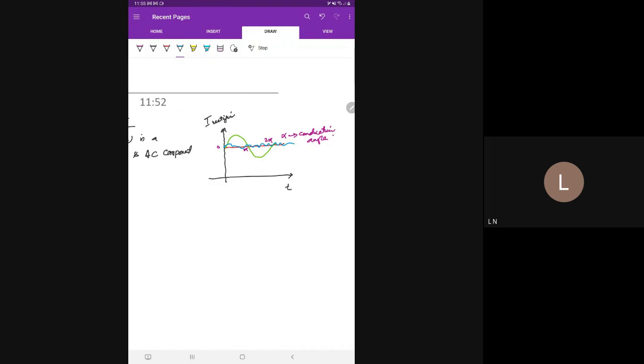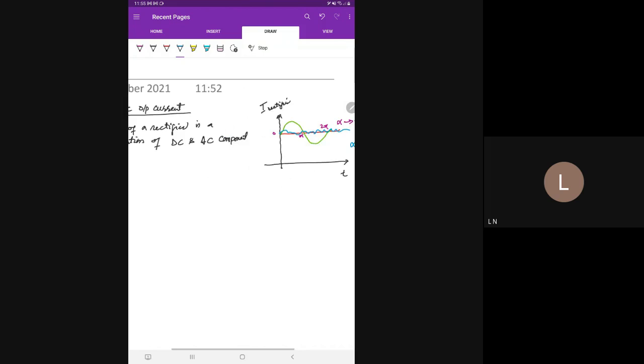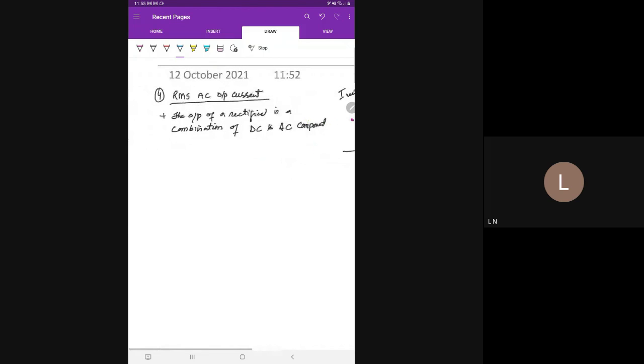But this diagram shows for alpha equal to 2 pi, which is full cycle. Therefore, we can say that our output rectified current will have both DC component as well as AC component.